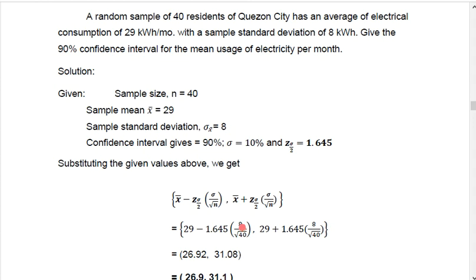Example number 2, a random sample of 40 residents of Quezon City has an average electrical consumption of 29 kilowatt hour per month. Okay? With a sample standard deviation of 8 kilowatt hour, give the 90% confidence interval for the mean usage of electricity per month.